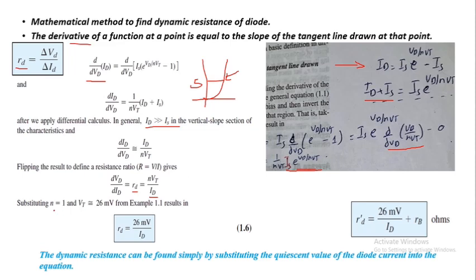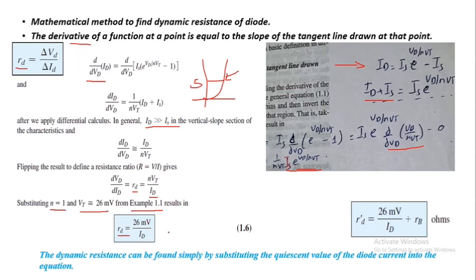Now this ideality factor n is generally taken as equal to 1, and vt is equal to 26 millivolt for room temperature, that you can see in example 1.1 of Boylestad book. So this will give us rd is equal to 26 millivolt over id.